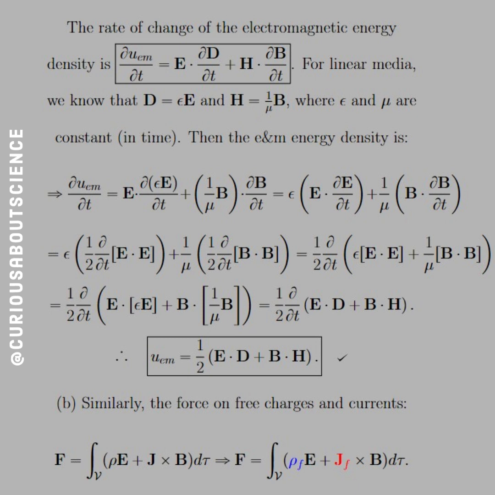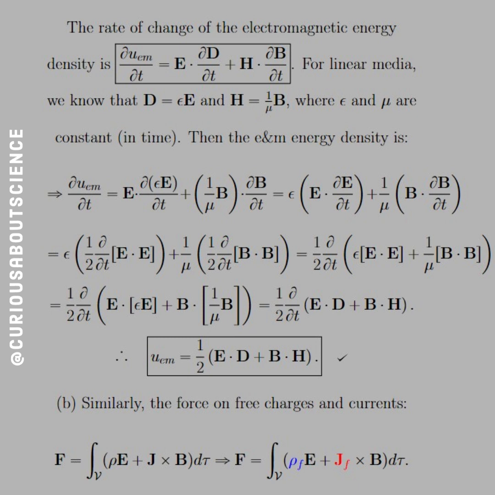For linear media, we know that D is equal to epsilon E and H is equal to 1 over mu B, where epsilon and mu are constant in time. Thus, the electromagnetic energy is, if we plug those in, dot products of the vectors with their time derivatives.